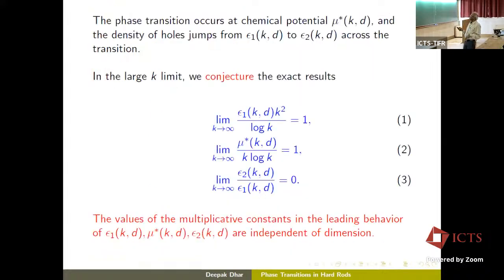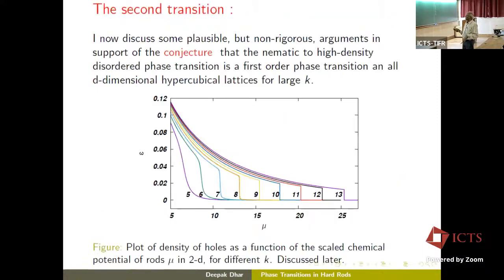Okay, and in this large k limit, we will conjecture these results. Let us say that epsilon 1 is the density of holes before the transition, and epsilon 2 is the density of holes just after the transition, the lower end of this first order jump, and mu star is the value at which the transition occurs. So the first order transitions are specified by the density before, the density after, and the point at which the jump occurs.